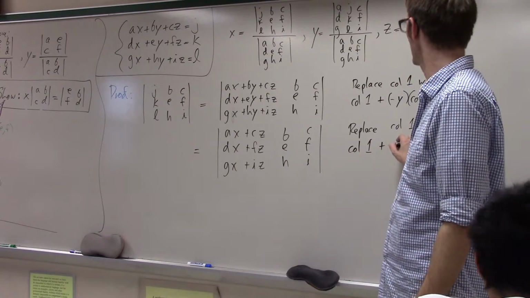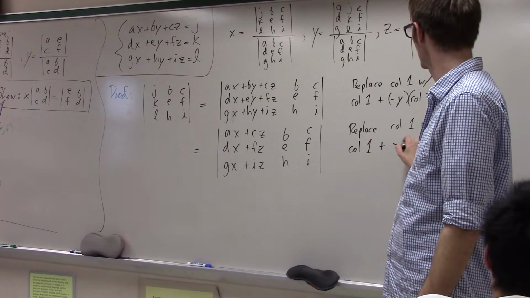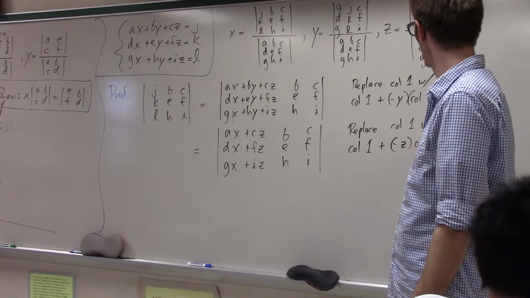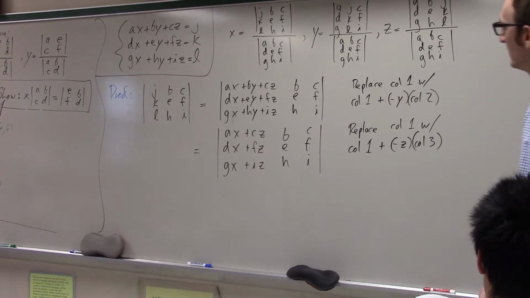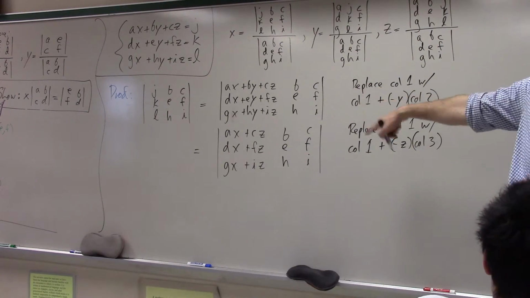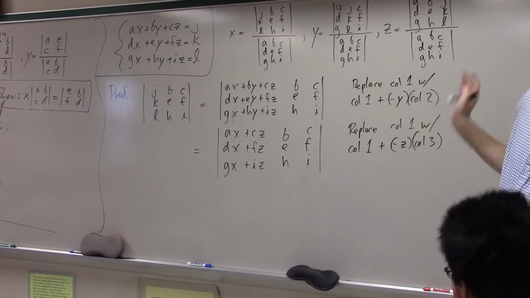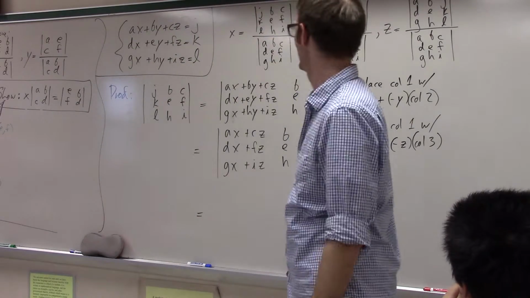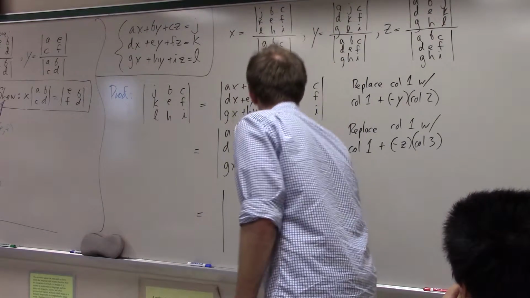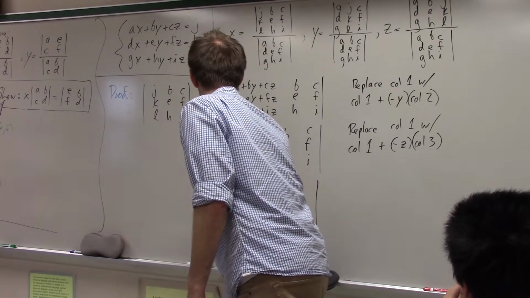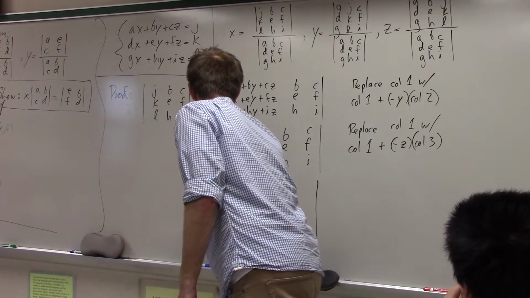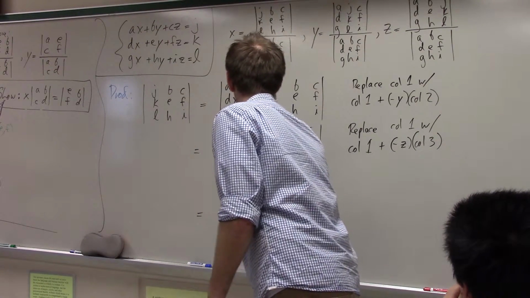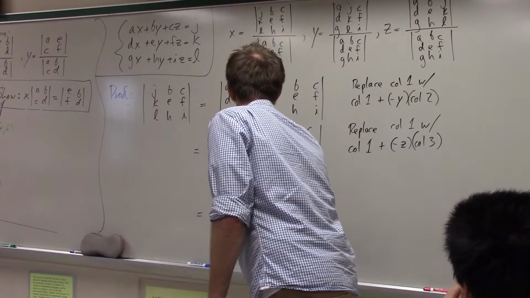Replace column 1 with column 1 plus negative Z times column 3. So multiply column 3 by Z and add it to column 1 and replace column 1. Yeah, suddenly I end up with AX, DX, GX, B, E, H, C, F, I.